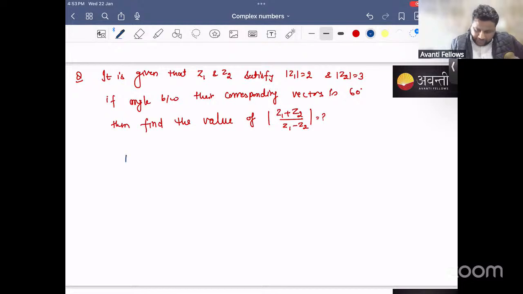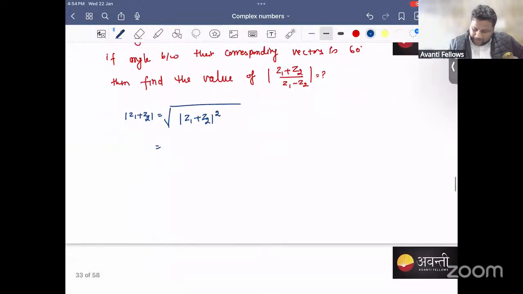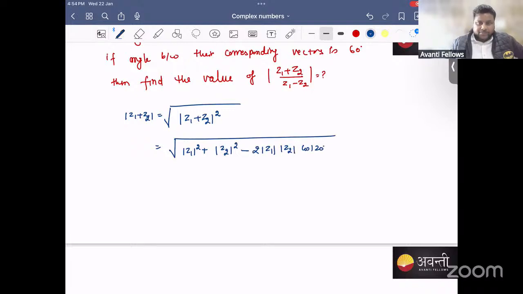Magnitude of Z1 plus Z2 is under root of, I can write magnitude of Z1 plus Z2 whole square. That is under root of magnitude of Z1 square plus magnitude of Z2 square minus 2 times mod Z1 mod Z2 cos 120. So how did I get this?